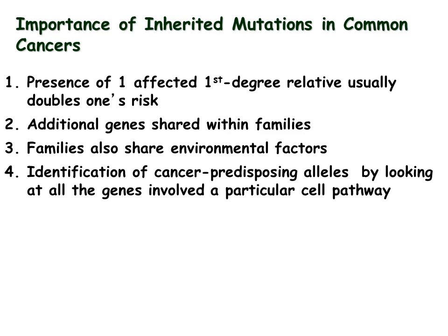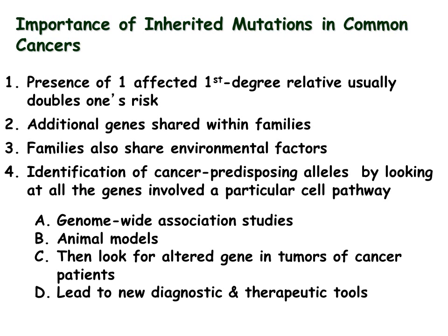So for identification of cancer predisposing alleles, we have to look at all the genes involved in a particular cell pathway to find the one that really may have been inactivated. And if it's all in the same pathway, several different genes and different mutations can lead to the same cancer phenotype. So we need genome-wide association studies, animal models, then we look for the altered genes in tumors, and this all leads to new diagnostic and therapeutic tools.